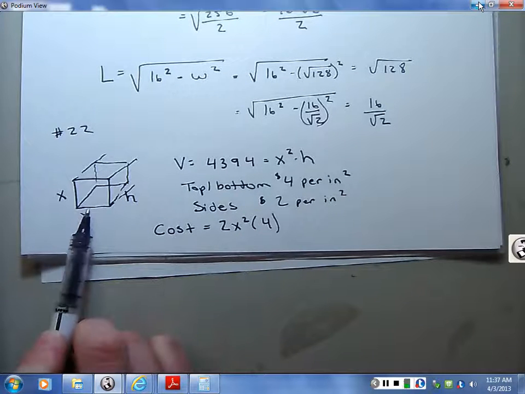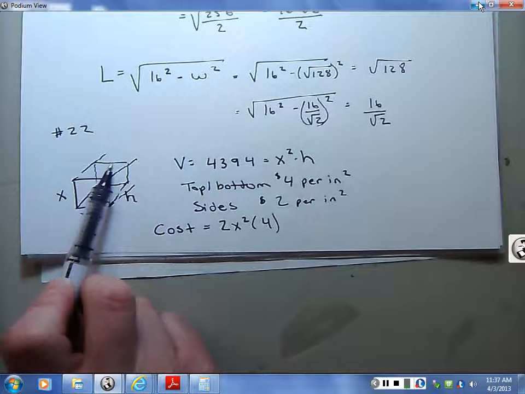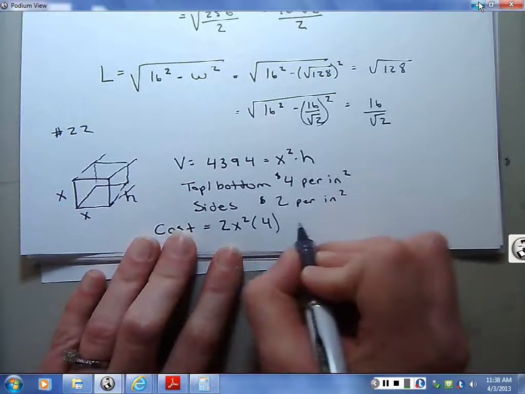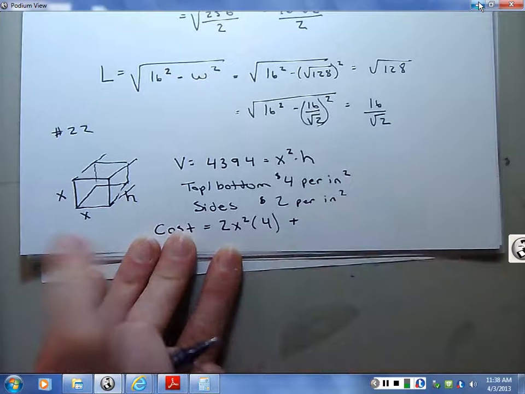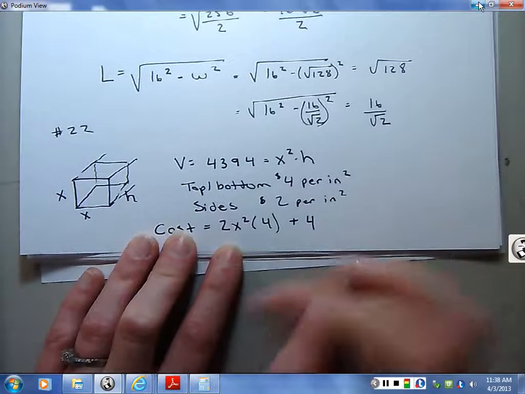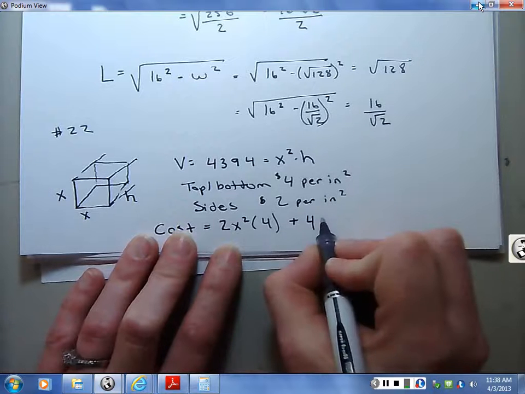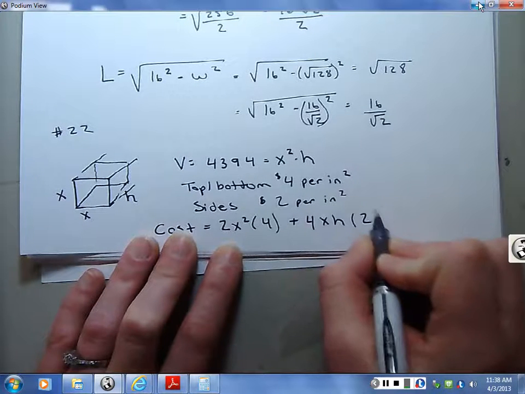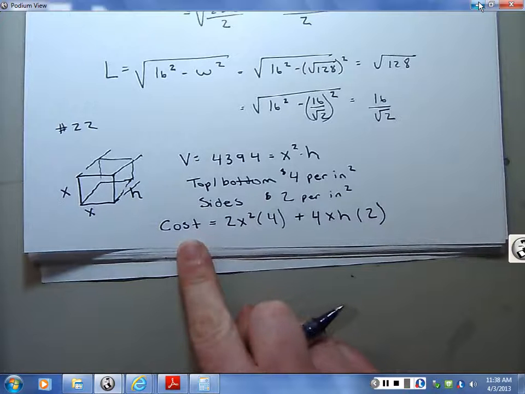The area of the bottom is x squared, the area of the top is x squared, and it costs me $4 per square inch to make those. Plus, how many sides do I have? 4. What's the formula for the area of the sides? And how much does it cost me to make that? $2. So this is my cost function, right?